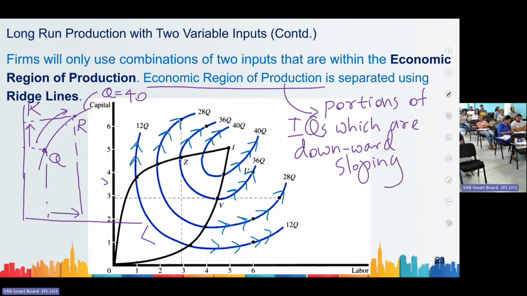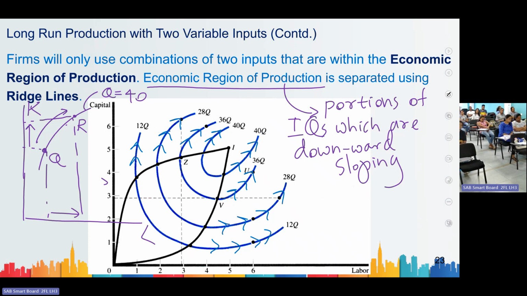In downward sloping portions, a producer can move from one point to another by decreasing one input while increasing the other. That's why upward sloping portions are not part of the economic region of production.